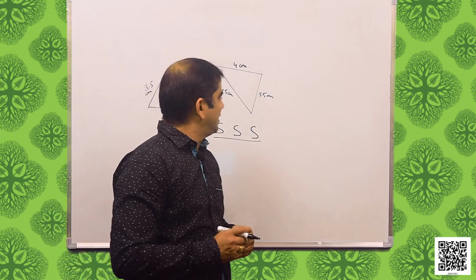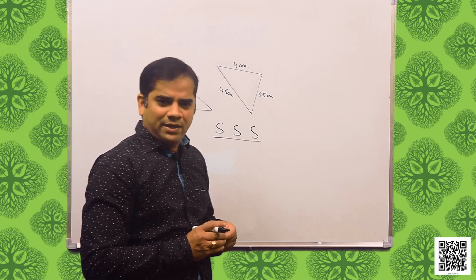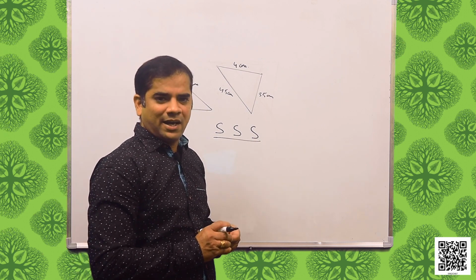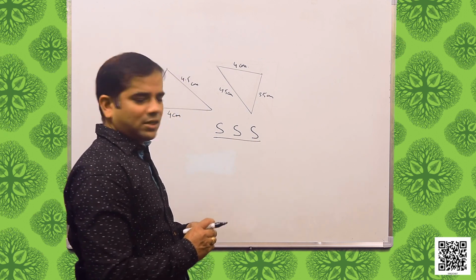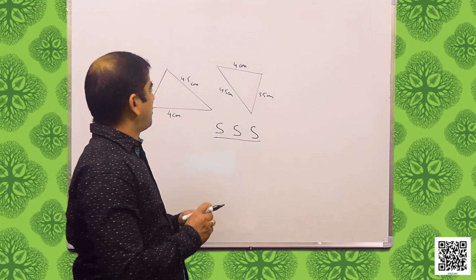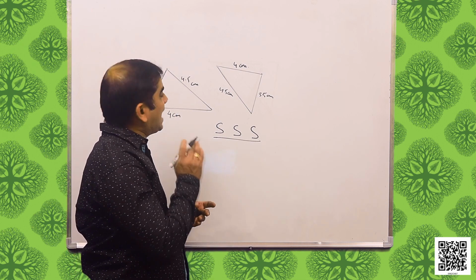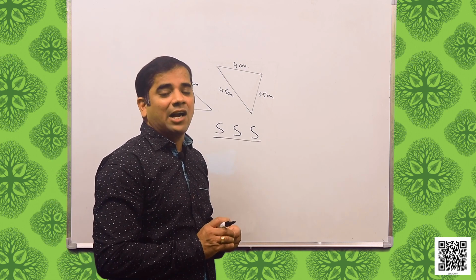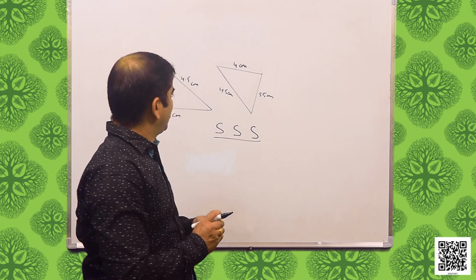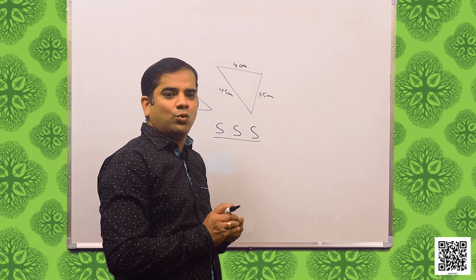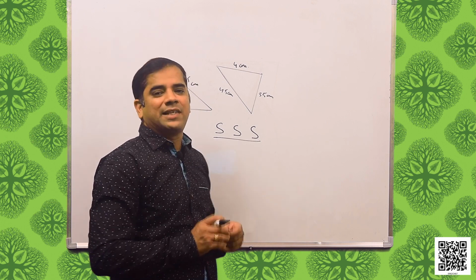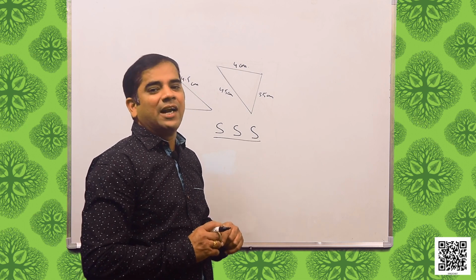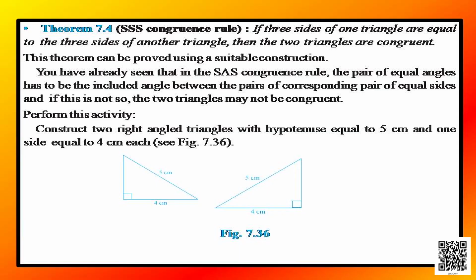Two triangles are congruent when all the corresponding sides are equal to each other. It can't be true if the corresponding sides are not equal. It will be true only when the corresponding sides are equal to each other. So that gives us another rule for congruency.